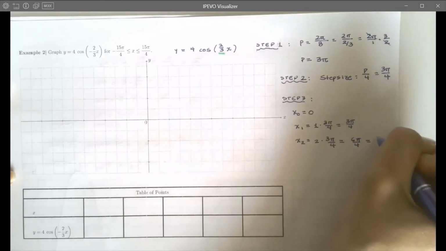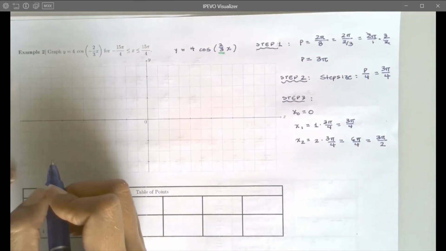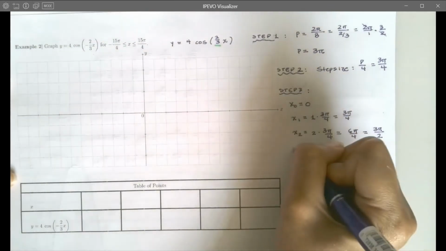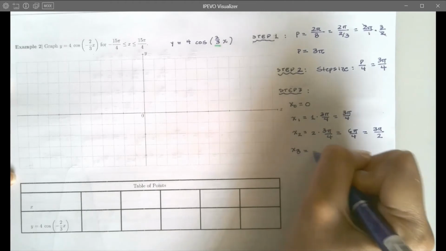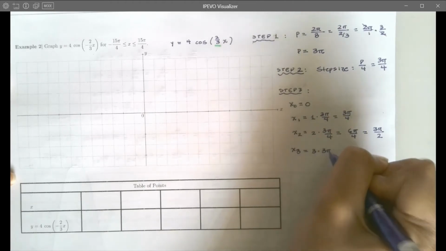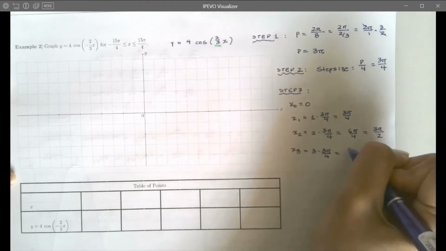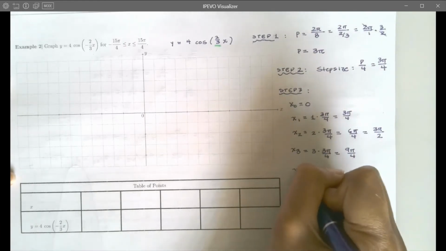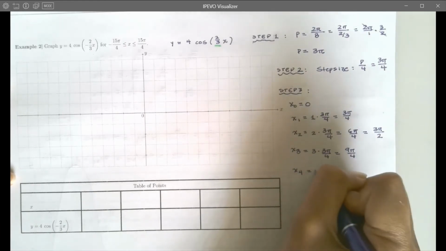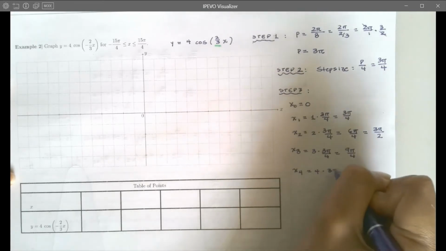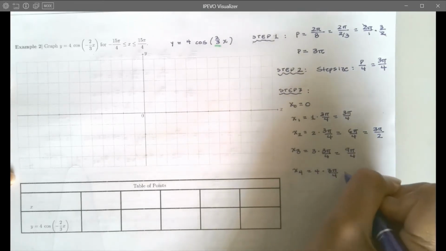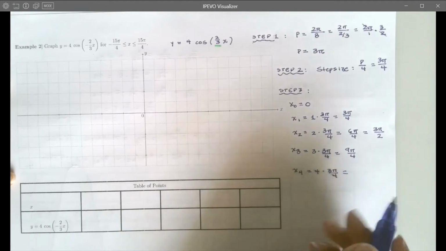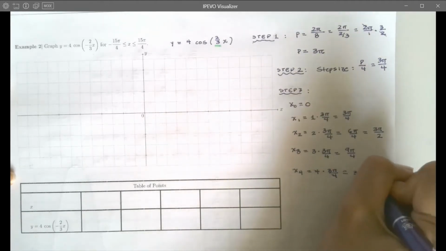And if we reduce by 2, top and bottom, we're going to get 3 pi over 2. Next one is going to be 3 times 3 pi over 4, which is 9 pi over 4. And last one, 4 times 3 pi over 4. The 4's are going to cancel, giving us 3 pi.